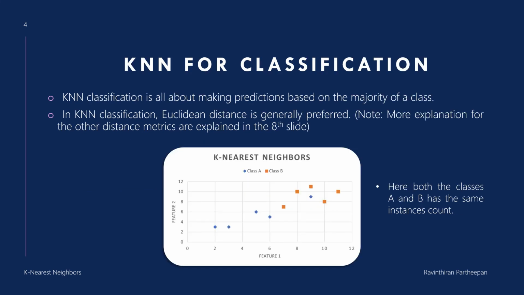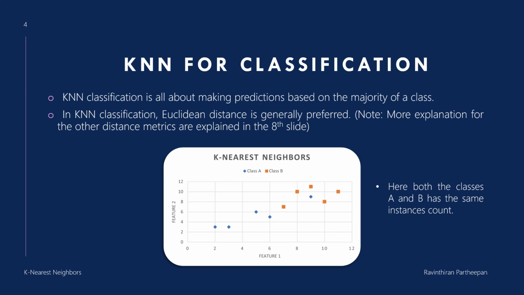About the classification, like I told you, we need to consider only the majority of the instances of the classes. In order to find this out, we can use different distance metrics. We can use Euclidean distance, Manhattan, Minkowski, Levenshtein, or cosine similarity, so that we can experiment with them.